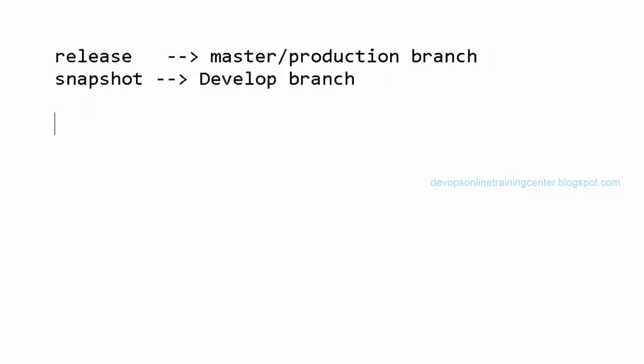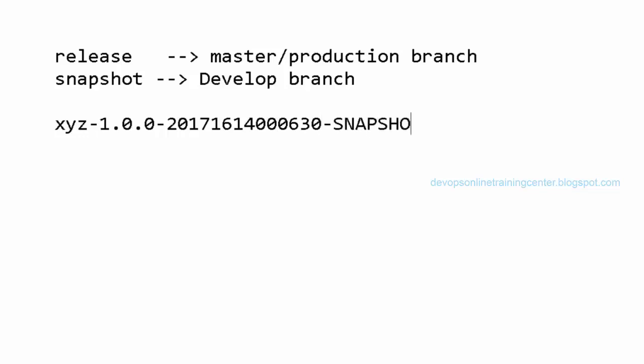So a snapshot will start like this. I mean the general syntax: application, dot, the version, dot, the timestamp, something like 2017, 16, 14, 630 seconds, then snapshot, .zip or .war or .jar.